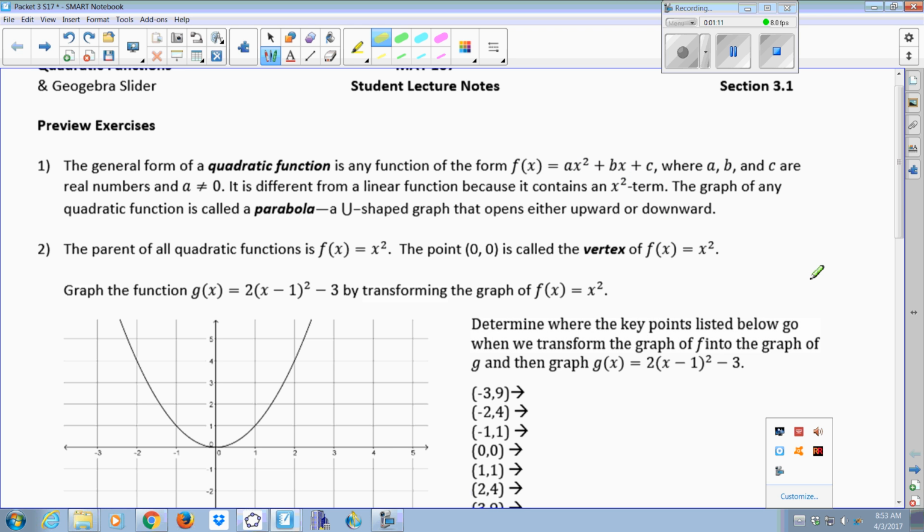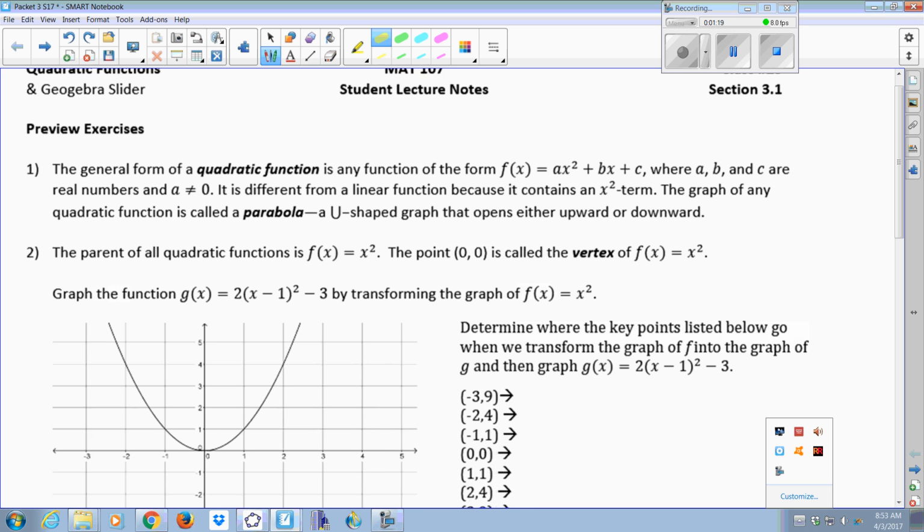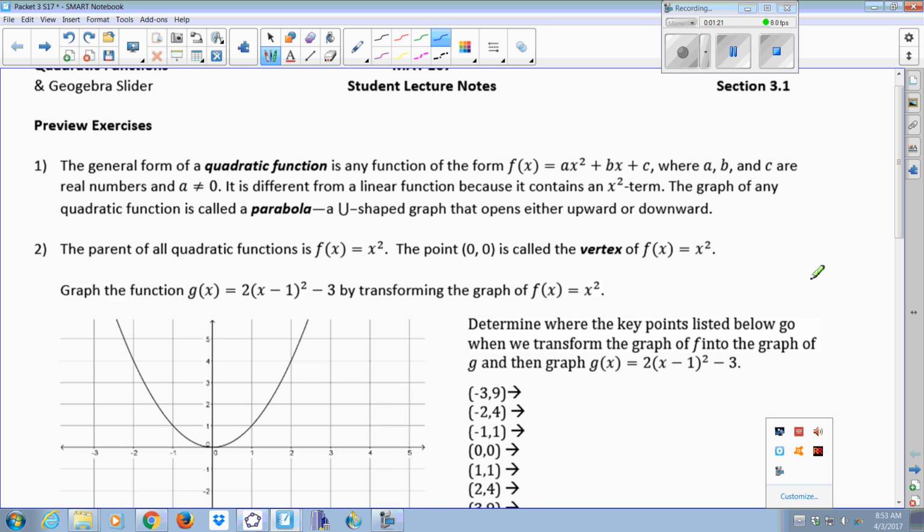Because remember, your polynomial functions are just a finite sum of terms, which means they're put together by addition and subtraction only. So if you look at this form, there are 3 terms here. ax squared is one term, bx and c are the others. So the general form, or sometimes you'll hear me refer to it as polynomial form.